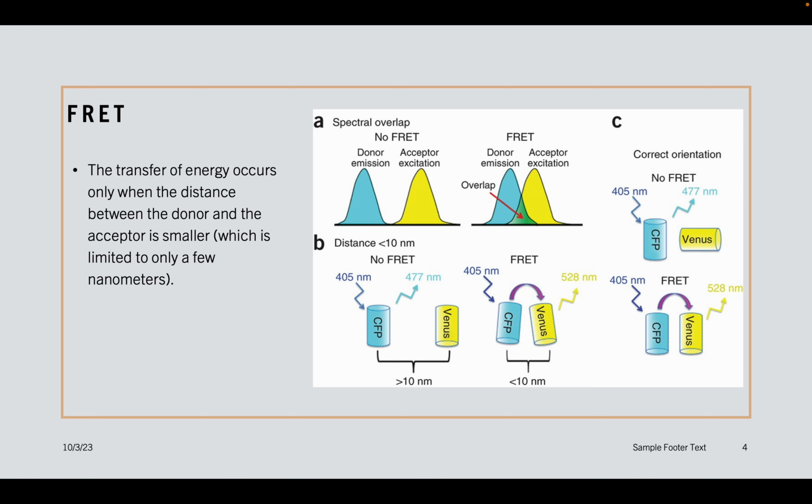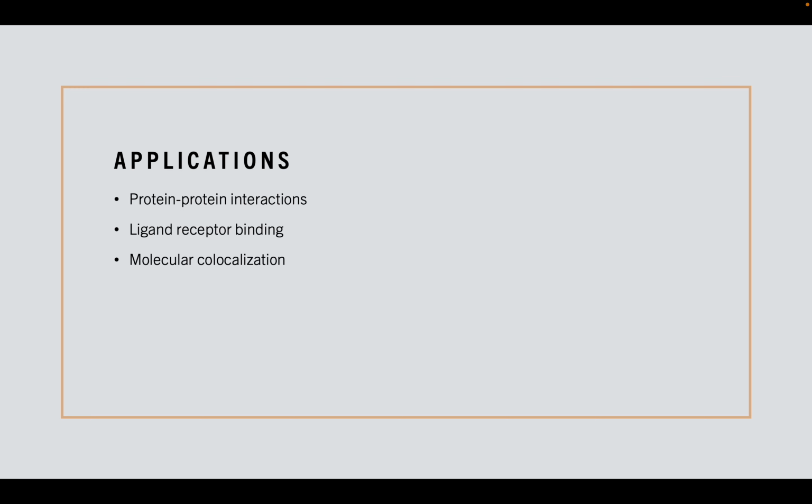So now the question is, why do I care if the energy transfer is happening or not? Yes, we care because this technique can be used to study different things. Suppose protein interaction. Suppose I label one protein with one molecule, say GFP, and the other with YFP, which is another fluorescent protein.